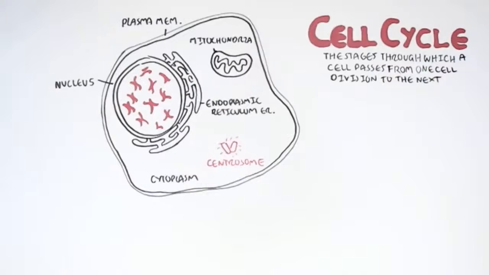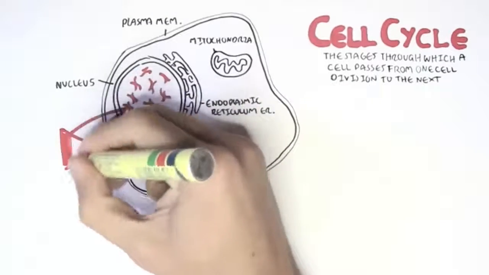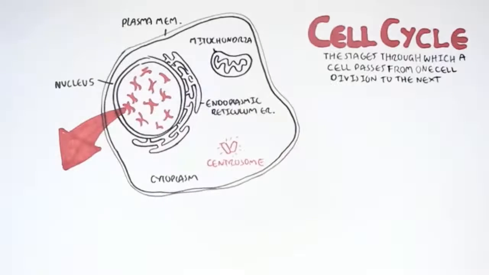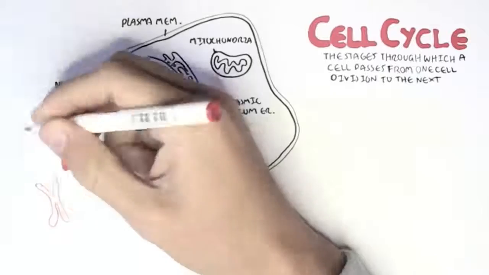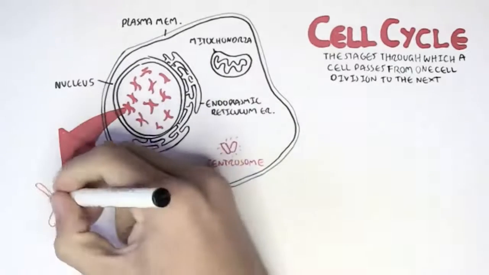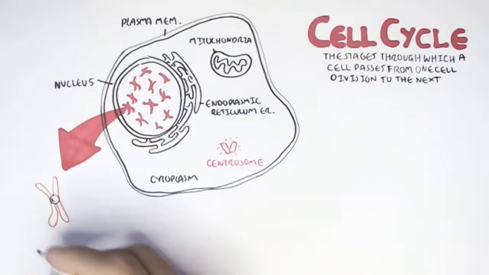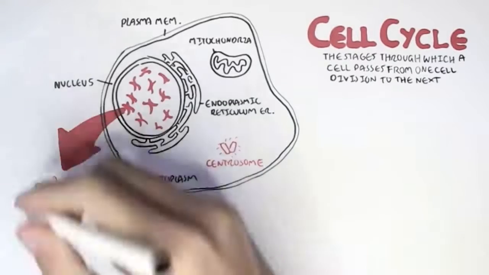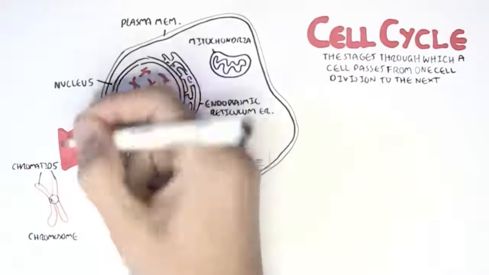Now, within the nucleus, the main base of the cell, we find our genetic material. The genetic material is DNA, right? But the DNA is packaged up to form chromosomes. So here is one chromosome. This particular chromosome is made up of two chromatids.